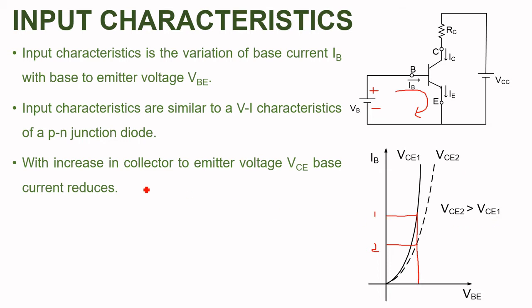Hence, we can say that with an increase in the collector to emitter voltage VCE, the base current reduces.